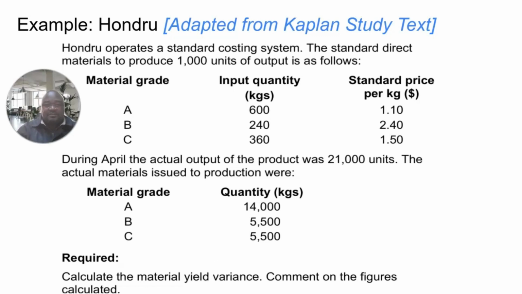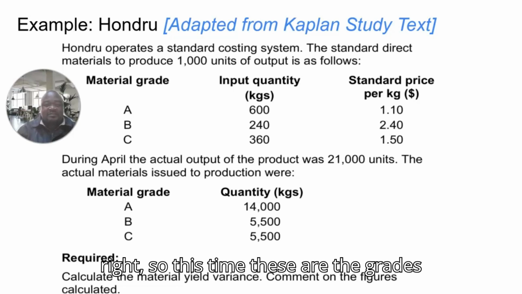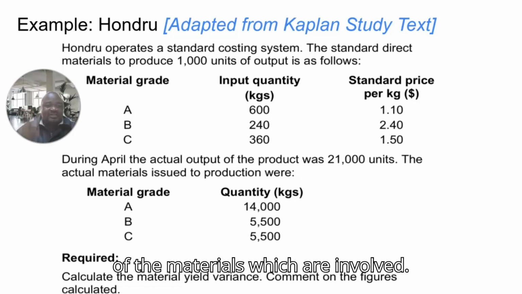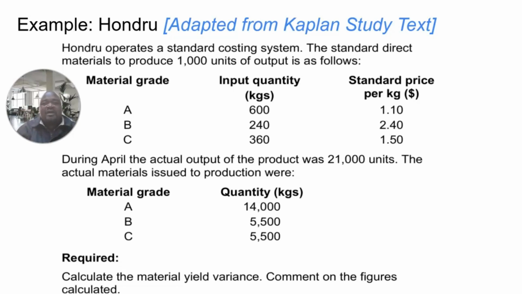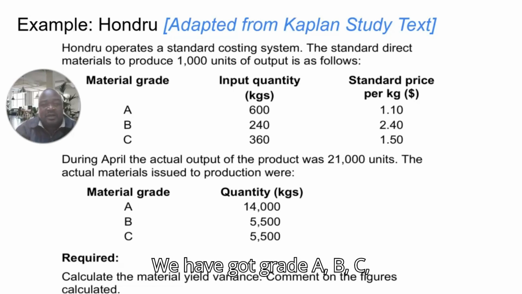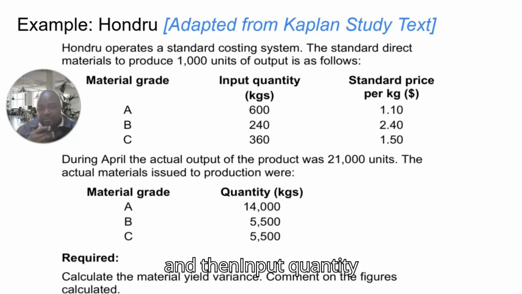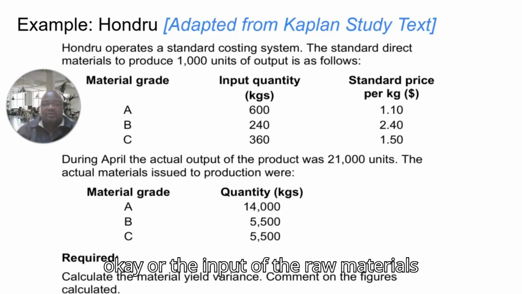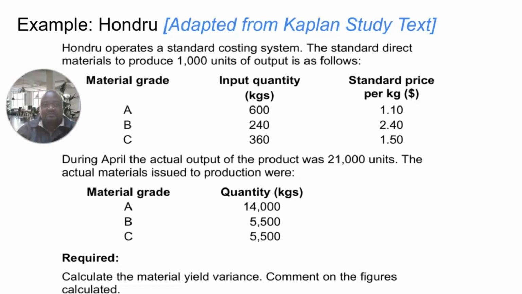These are the grades of the materials which are involved: grade A, B, C, and then the input quantity, or the raw materials, in kgs. The quantities are 600, 240, 360.